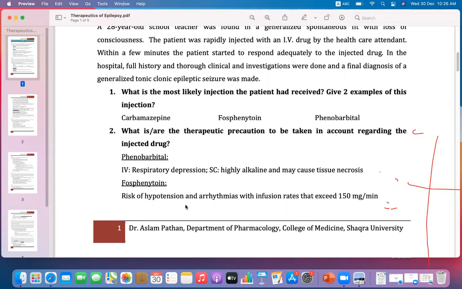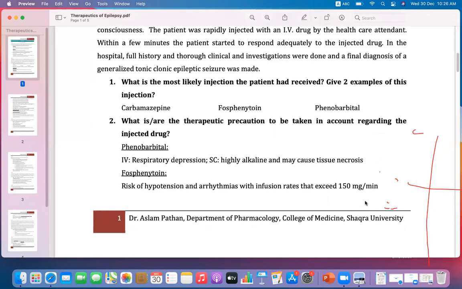Phosphenytoin carries a risk of hypotension and arrhythmias with infusion rates that exceed 150 milligram per minute. So we have to take precautions while we are using phosphenytoin for cardiovascular patients.